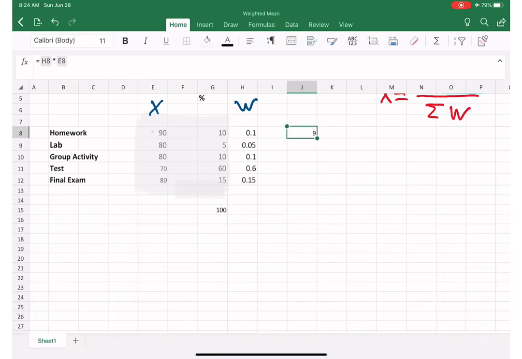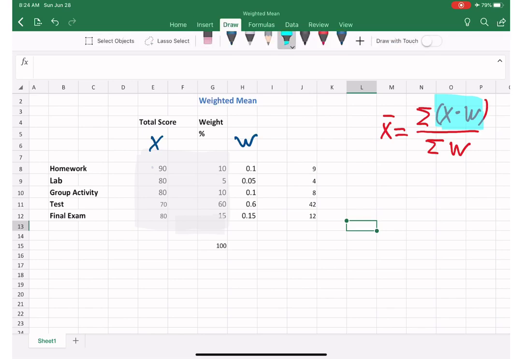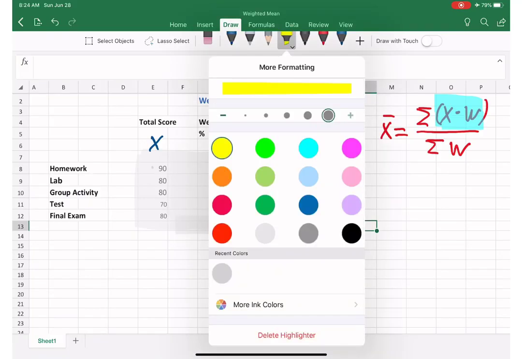Next, we are going to fill in this formula and drag it down. There we go, we got it. So this is our X times W column. And next we need to get our sum of weight.